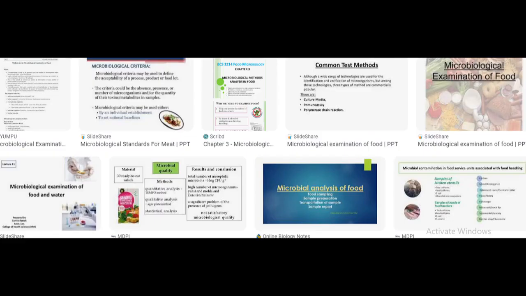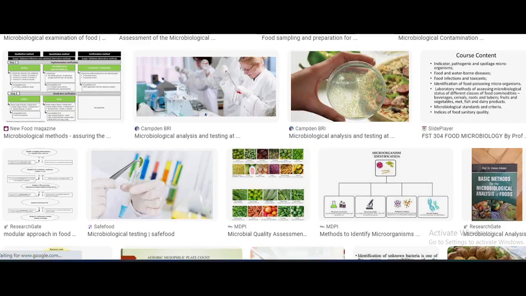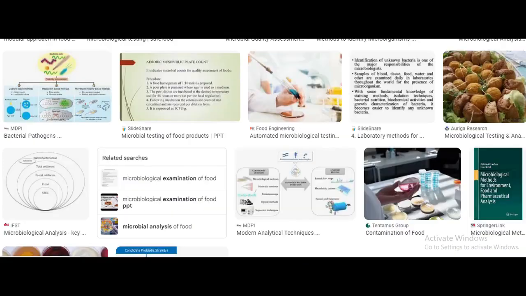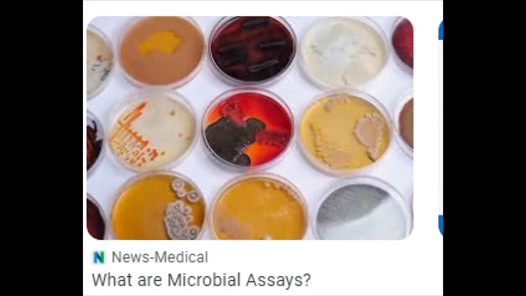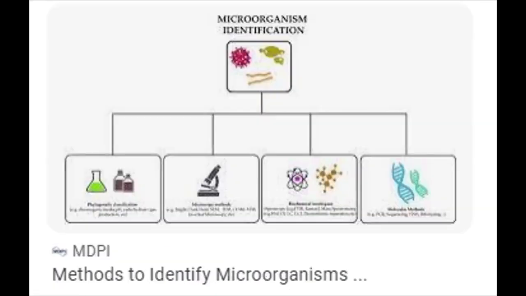If you remember from primary school, we have carbohydrates, proteins, vitamins, mineral salts, fat and oil, and water. So these are the 6 classes of food, and there are laboratory methods of assessing the microbiological status of each of them.